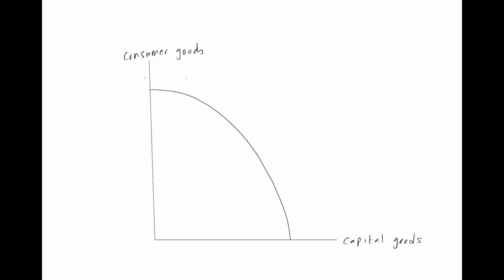Okay, so if the economy increases the quantity and or the quality of the factors of production, then the PPC will shift to the right hand side from PPC 1 to PPC 2, and this illustrates long run economic growth.